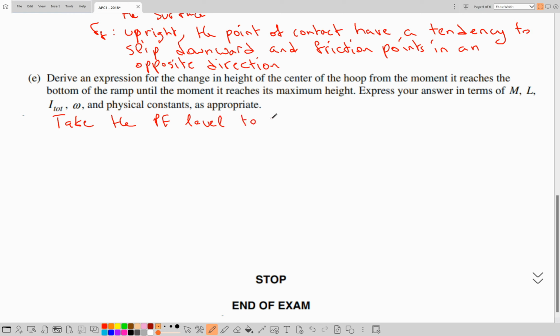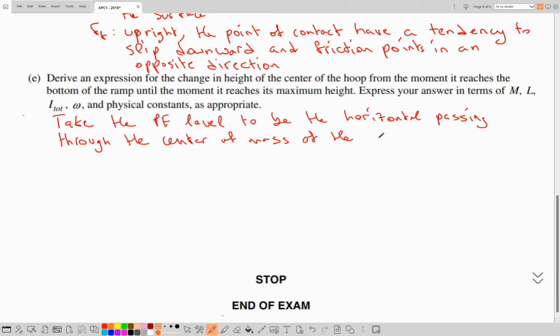to be the horizontal passing through the center of mass of the hoop rod system at the bottom.